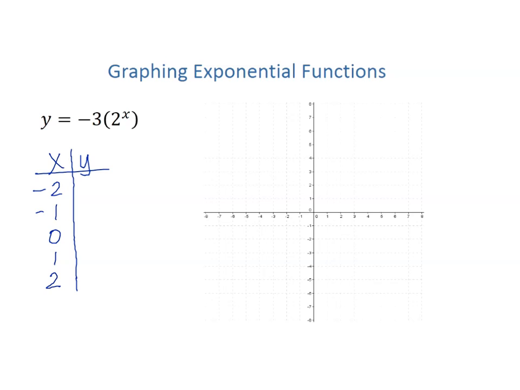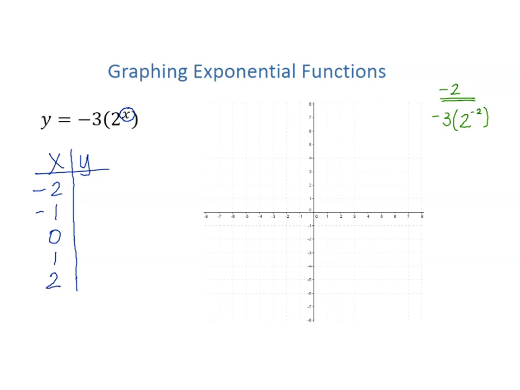So let's plug in -2. Plugging in -2 means that we're putting a -2 right in this spot here, the x spot. So I'll write it off here to this side. When we plug in -2, we have -3 times 2 to the -2.